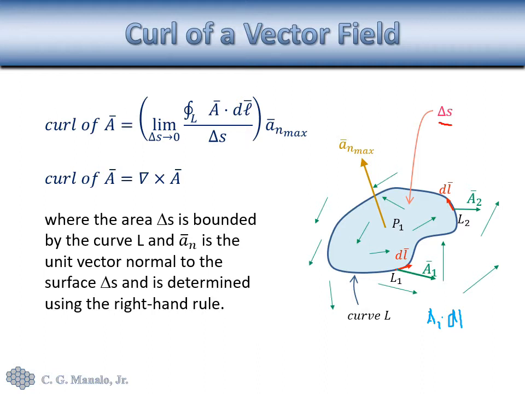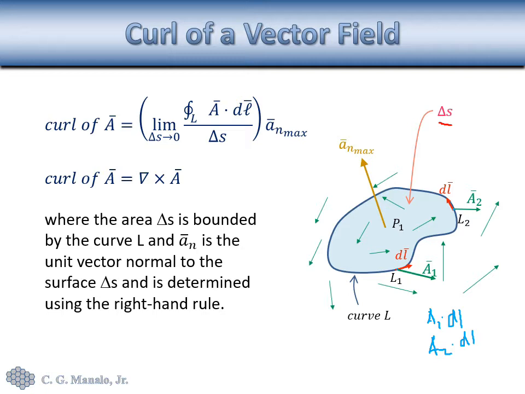Let me pick another point L2 here. So there's another vector there, A sub 2. Again, let me do a dot product, A2 dot dl. So this dot product will yield the component of A sub 2 along the path of dl, which is along the curve L, and will also make a contribution along that path.